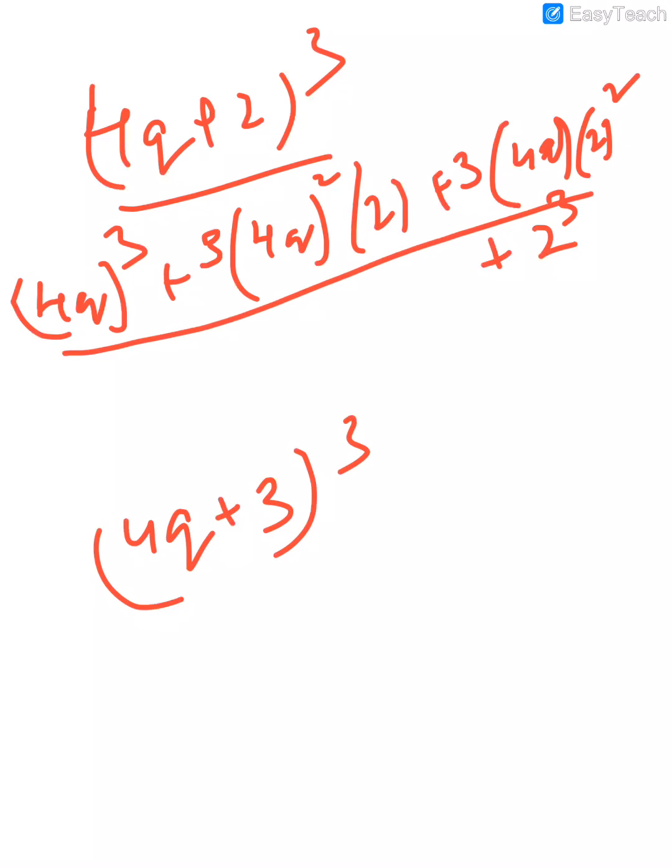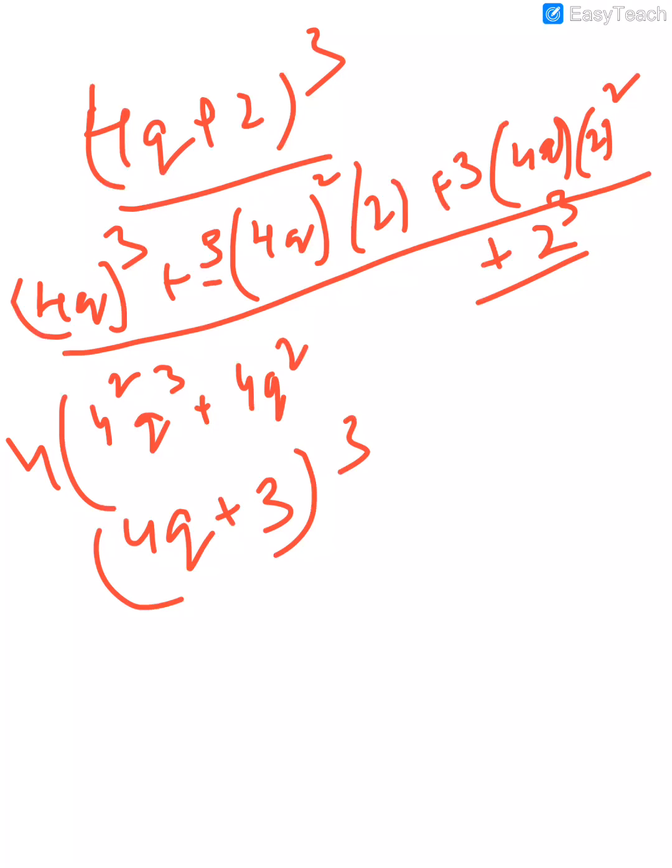Now if you take 4 common in all these terms, something will come: here 4 square q cube, here 4q square, the 4 will go and everything else remains the same.